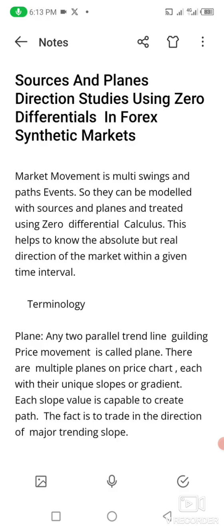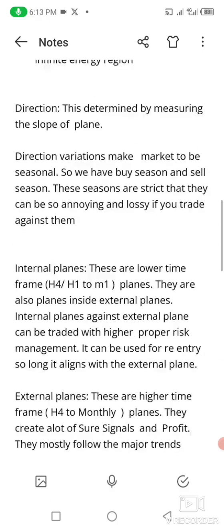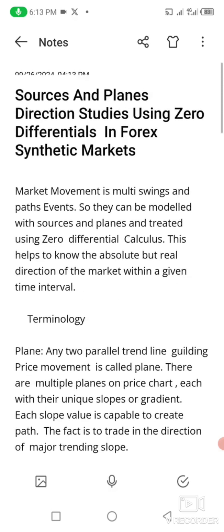Sources and plans direction studies using zero differentials in the Forex synthetic market. So we start by reading this document and then going to the practical application of this on the trading chart.